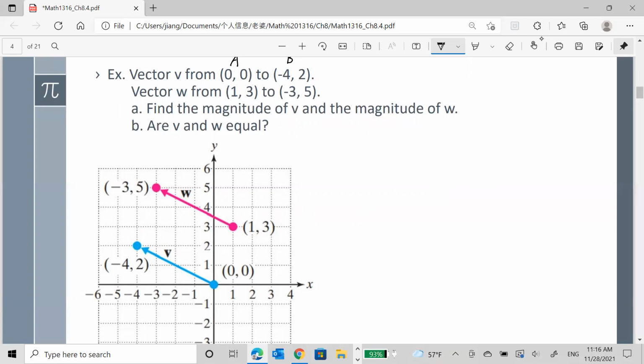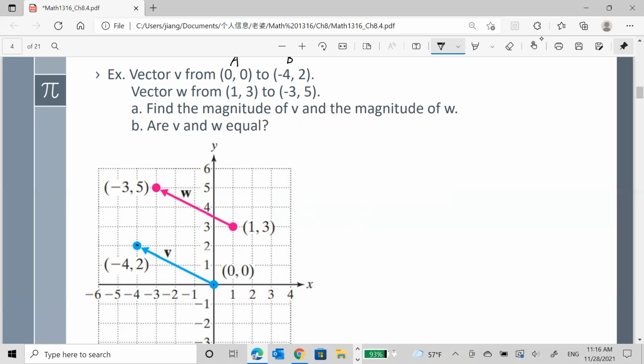So (0, 0) is A, and then (-4, 2) is B. So the vector is from here pointing to this point. The blue arrow is the vector v.